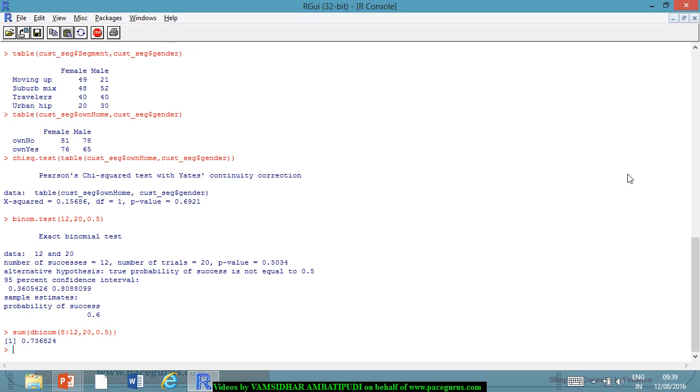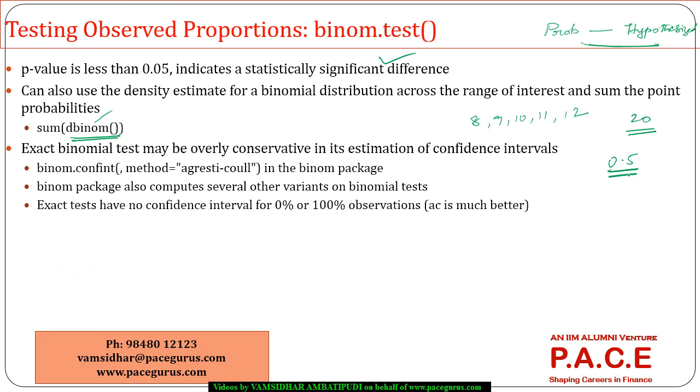Suddenly it gives me the probability of getting 8 successes plus the probability of getting 9 successes plus the probability of getting 10 successes, 11, 12. All these 5 are added up to give me this 73% kind of a number. So in some cases, if I want to find out the probabilities of various different kinds of successes, I can still use this kind of a mechanism.